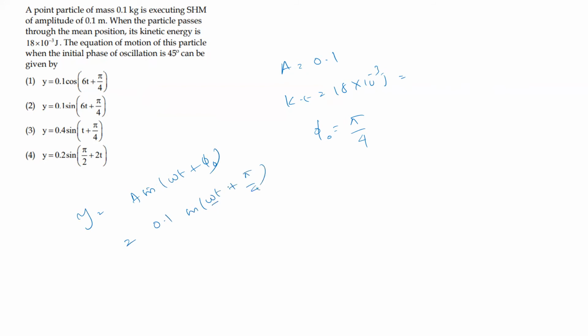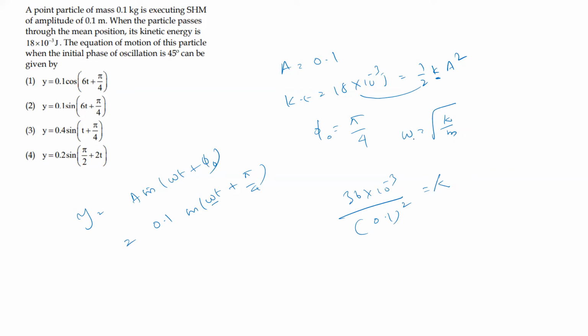We need to find omega. Omega we need to find from this expression of K A square. Okay, K. What is the relation of K with omega? Omega is equal to under root of K by M. So this will be 36 into 10 power minus 3 by 0.1 whole square is equal to K. Then substitute K and M here.